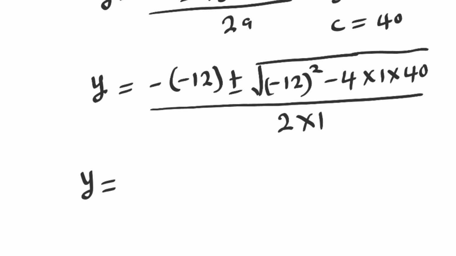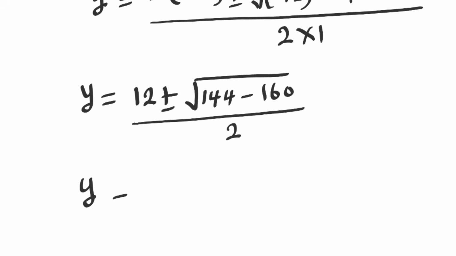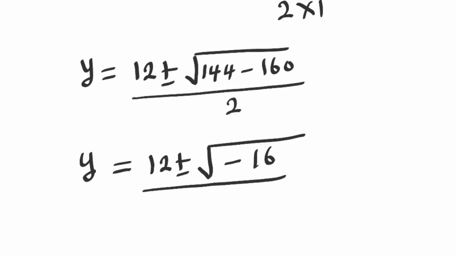y is equal to minus multiplied by minus 12, this is 12 plus or minus square root of minus 12 square, that is 144, minus 4 multiplied by 1 multiplied by 40, that is 160, divided by 2 multiplied by 1, 2. y is equal to 12 plus or minus square root of 144 minus 160, that is minus 16, divided by 2.